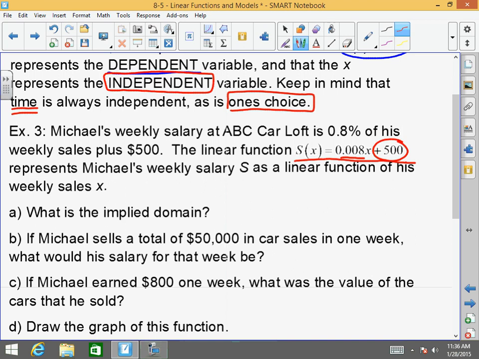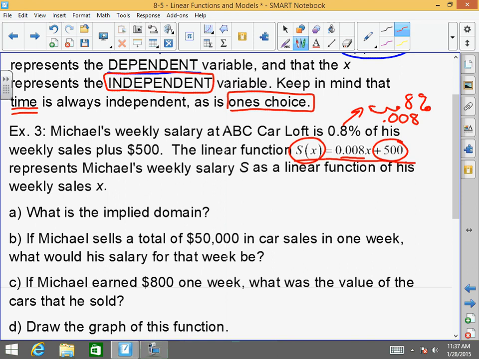0.008. How did I get that? Well, remember we can't work with percents. So 0.8%, if I go 1 to the left, that equals 0.008. So whenever we're working with percents, we must turn them into decimals. And why did I choose s of x?